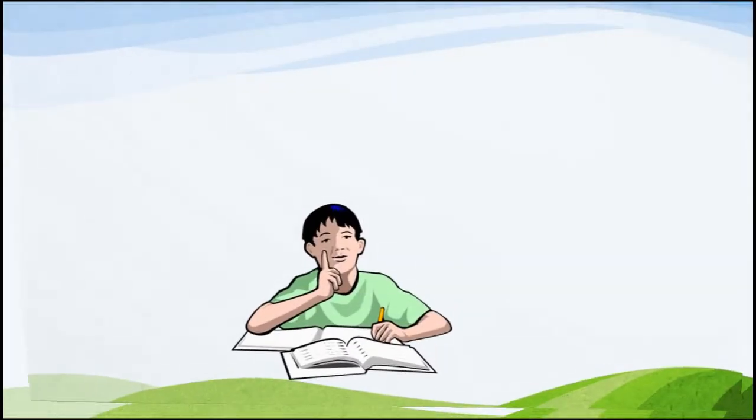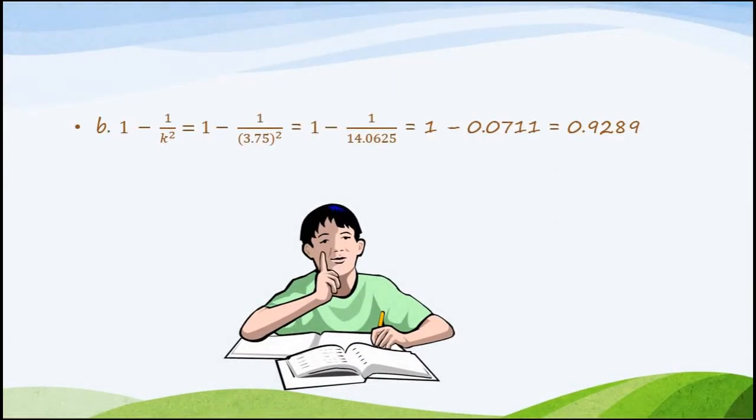Okay, let's find the proportion. That would be 1 minus 1 over k squared, which is equal to 1 minus 1 over 3.75 squared, which is equal to 1 minus 1 over 14.0625, which is equal to 1 minus 0.0711.